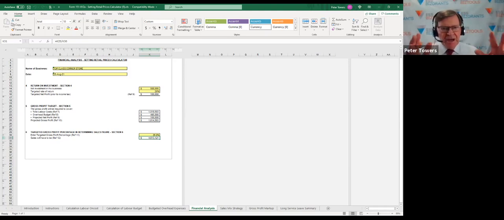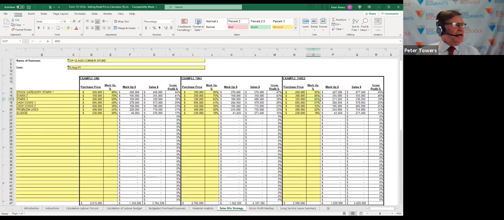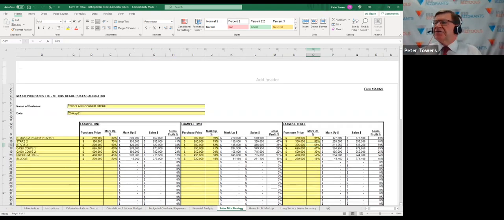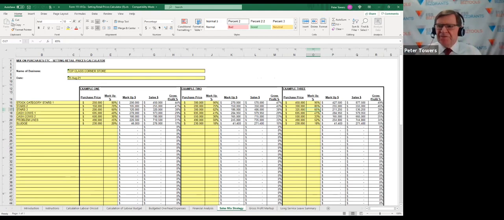So that's the background. We've put it all together. You're the accountant. You're talking to your client or a manager of your clients, and we're now going to go to the sales mix. So the system's already badged this sheet that we're working on. And this first group of figures, which is part of what is example 1, comes across to here.